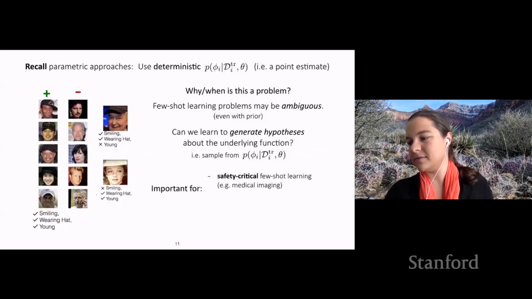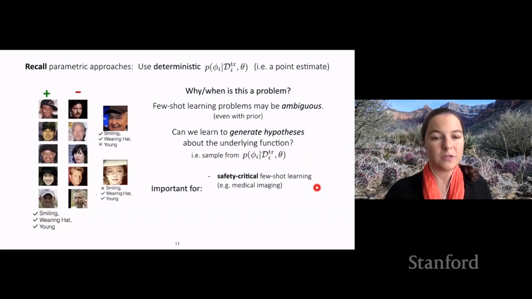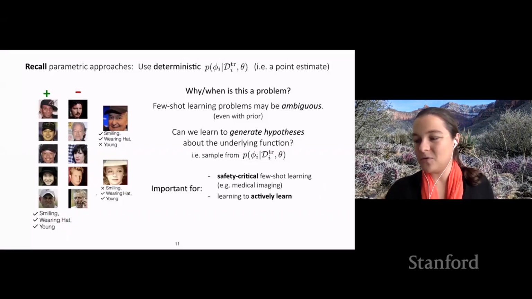And in a safety critical setting, such as medical imaging, it's important to communicate your uncertainty about the function to the user so that you can get a second opinion, for example.